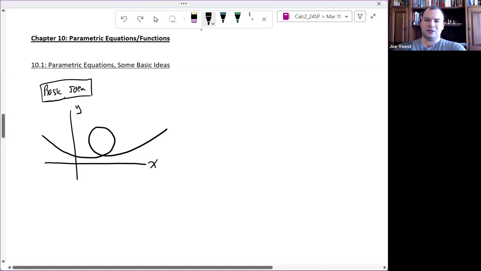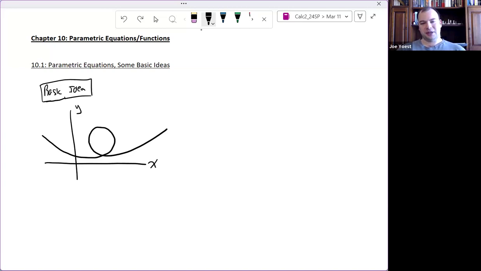So if I think about something like a ball rolling on a table or a CNC machine drilling out a certain pattern, what would be a better way to model that? What's really the functional relationship here? It's not so much one spatial dimension versus another.